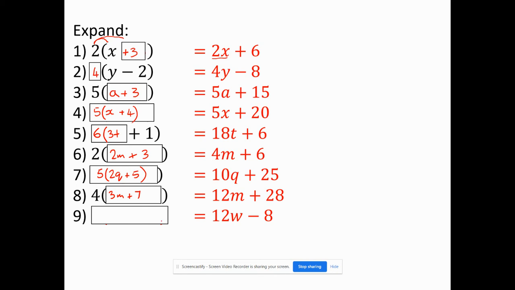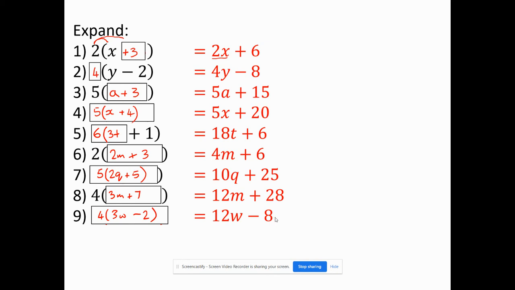But the largest number we could probably use would be 4. They're both in the 4 times table. And so if 4 comes out in front, that would be 3w there. 4 times 3w is 12w. Take away 2, and closing our bracket there, 4 times the minus 2 gives us the minus 8 there.